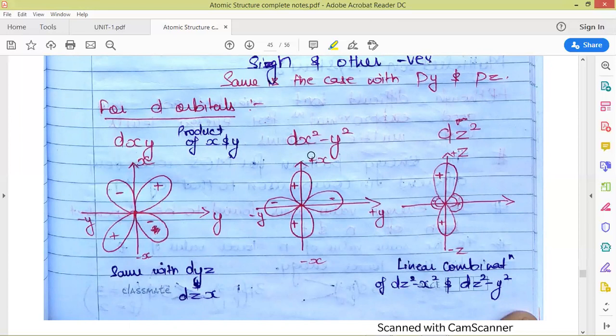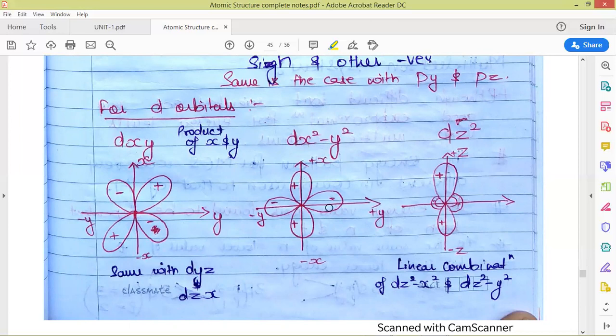So here this orbital is formed by dx square minus y square. For dx square, it is along the x-axis, and x is in the form of a square. So along the x-axis, the sign is always positive, as the square of anything is always positive.